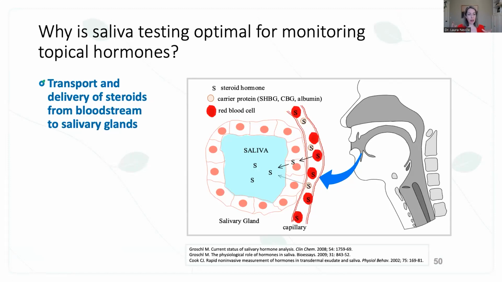And so it's just kind of like an easy way to see what is happening at the tissue level itself, because that's going to be reflective of what's happening there. So the endogenous hormones, they're attached to those protein carriers, but when it's applied topically, these hormones are attaching to the red blood cell membrane, likely in the capillary.